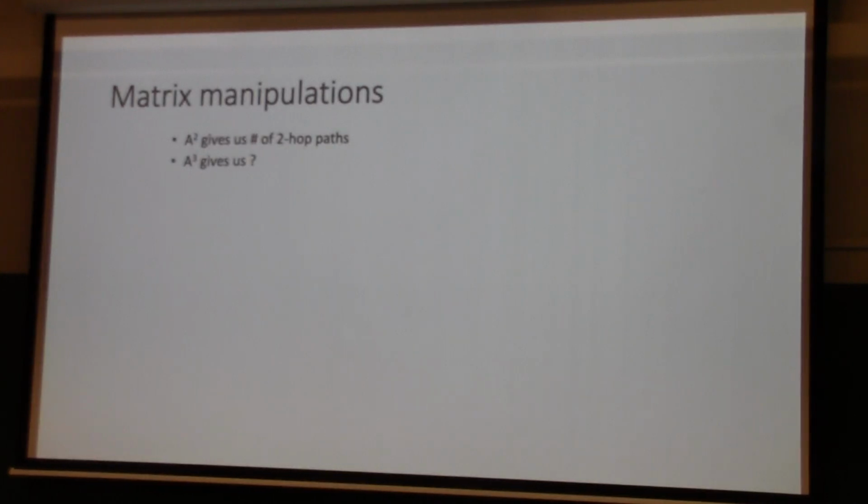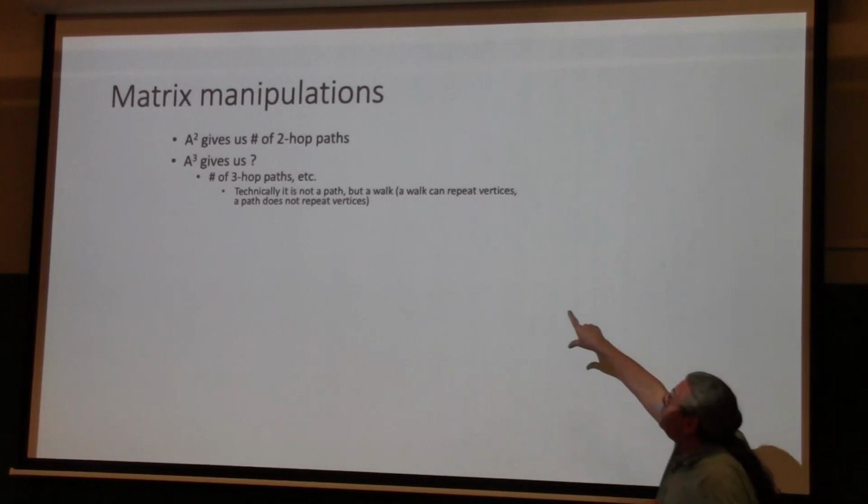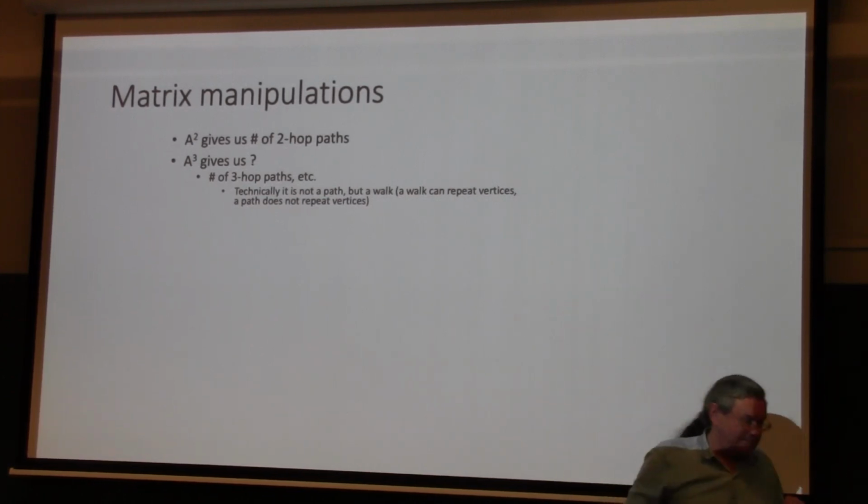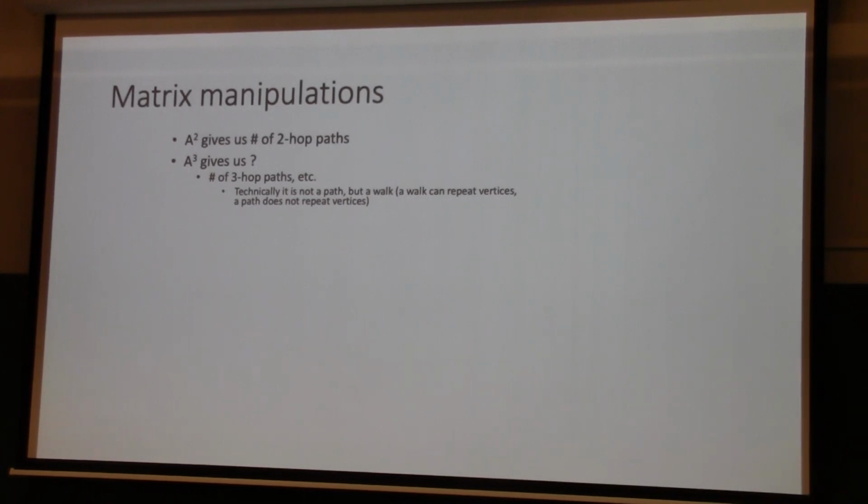And A cubed, what does A cubed give us? Well, the number of 3 hop paths. Okay? So how does that work? Well, I'll give you some intuition. A small technical thing: it's actually giving me walks. Sorry, I have to be technical about graphs.